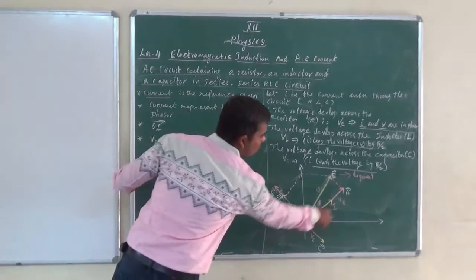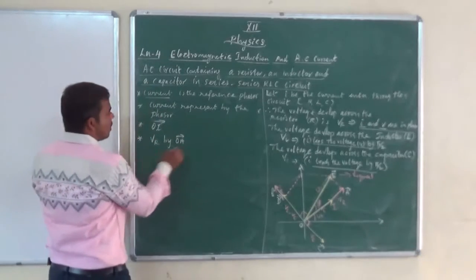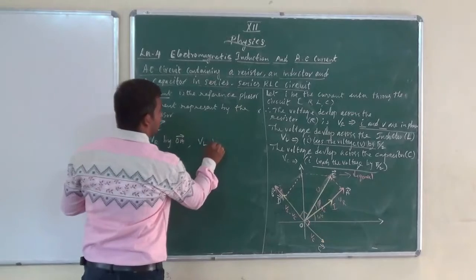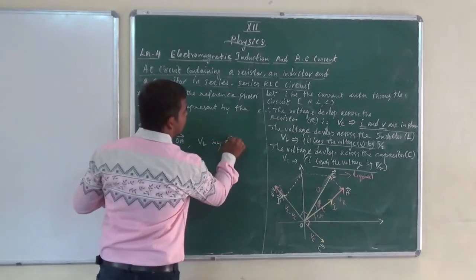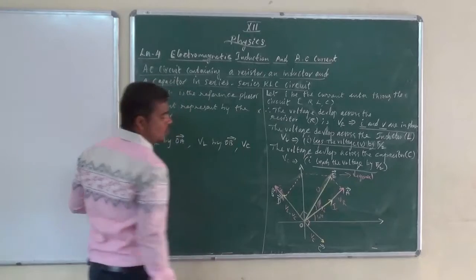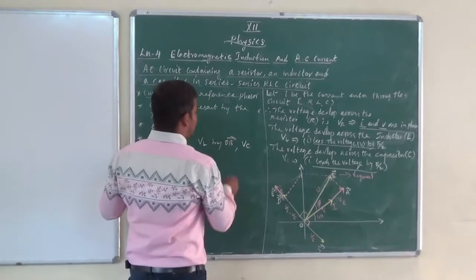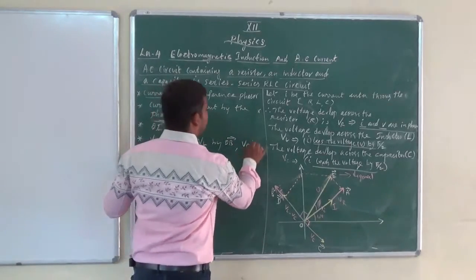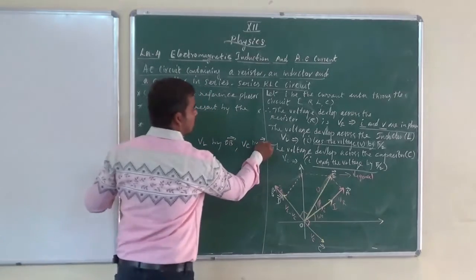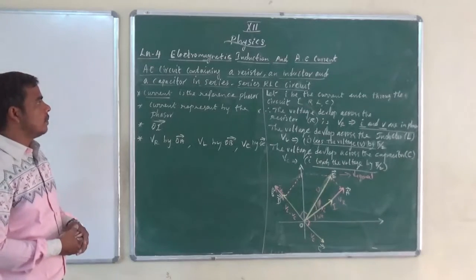OA is nothing but VR. In the same way, VL is represented by OB, isn't it? In the same way, the capacitance voltage VC is represented by the OC vector. Am I correct?